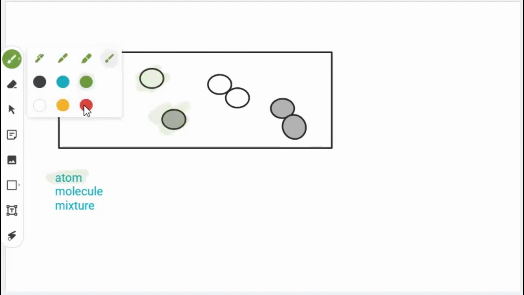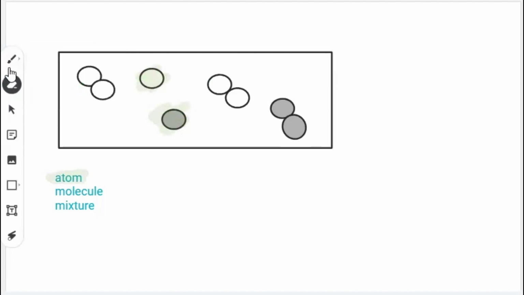Then we have the molecule. When we look at the molecule, this is the smallest particle of the compound. Over here we have two atoms combined together. Both are transparent, which means probably they are of the similar element. Over here also this is a compound.